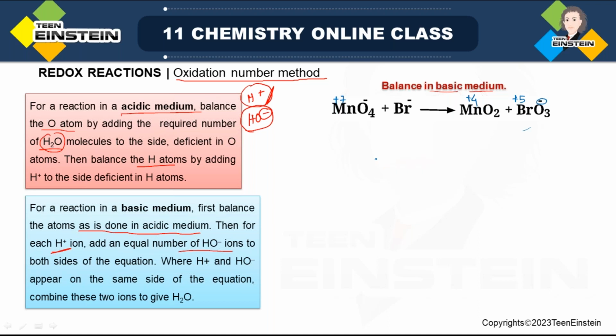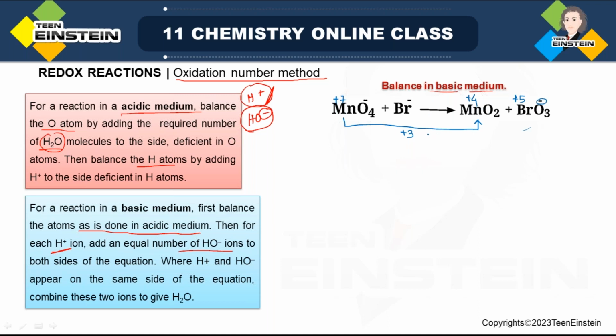So here if you see MnO4 minus, manganese's oxidation number has changed from 7 to 4. That means if we subtract it, it is basically a gain of electrons, right? So when it is a gain of electrons, I am writing here +3.